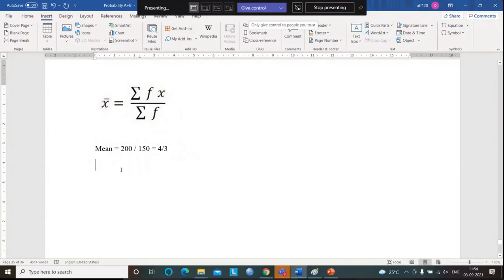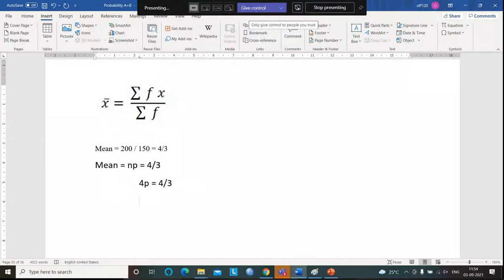But we have a formula which is called mean is equal to np. Just now I told you that. That means np is equal to how much? It is 4 by 3. That implies 4p is equal to 4 by 3.